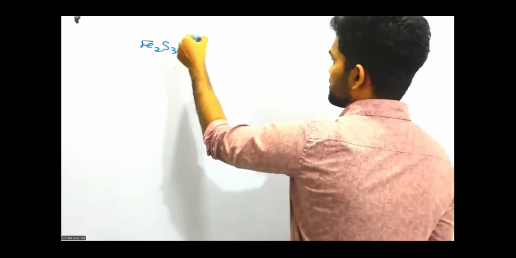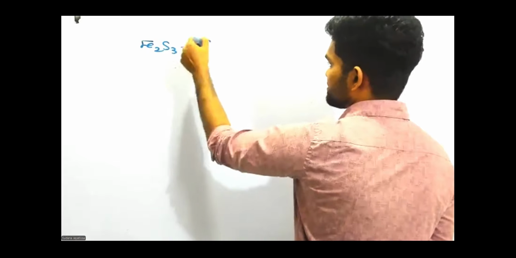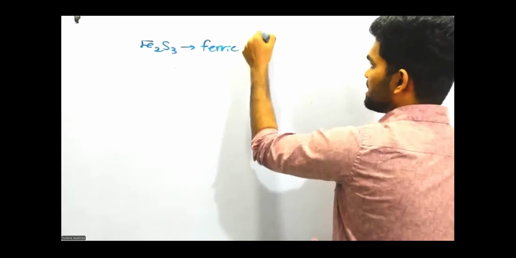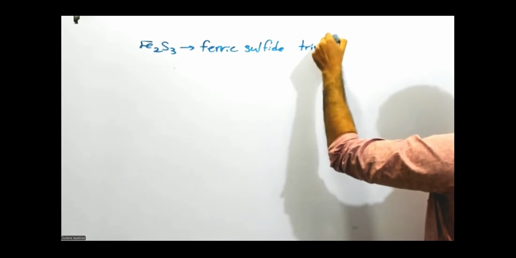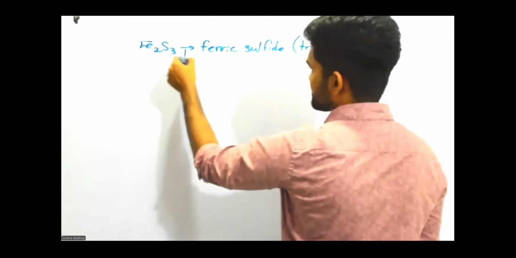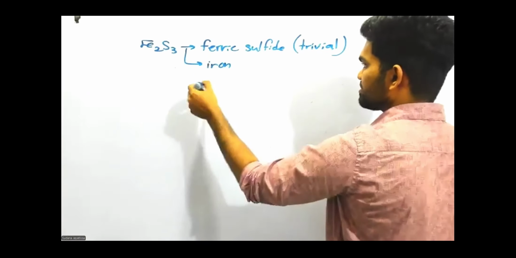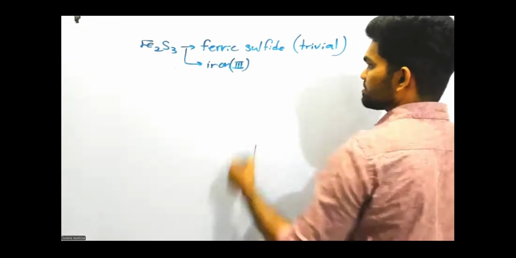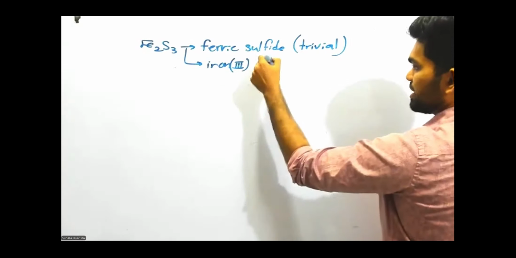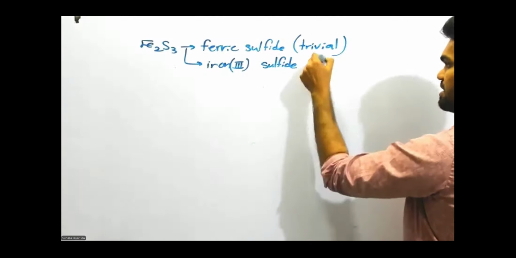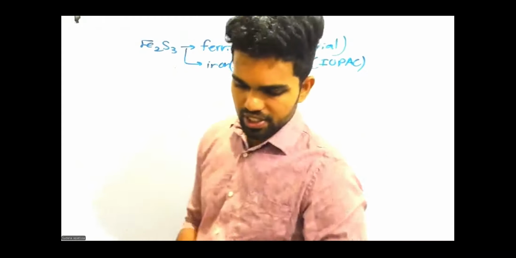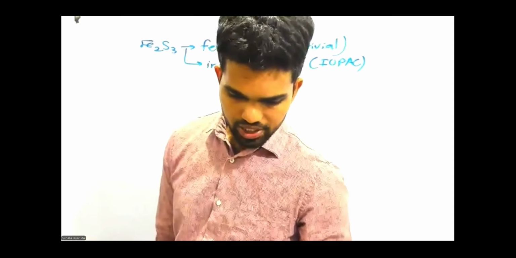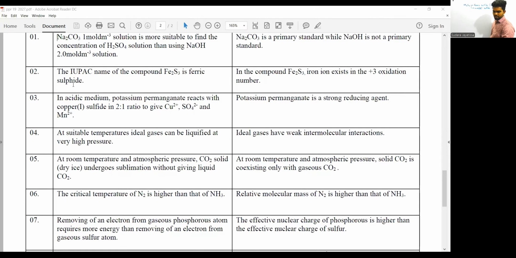Fe2S3, ferric sulfide, you are using simple letters. Ferric sulfide is the trivial name. But the IUPAC name is iron(III) sulfide. This is the IUPAC name. So remember that one. The first statement is wrong. And there is another error. Did you see it is not even a trivial name?